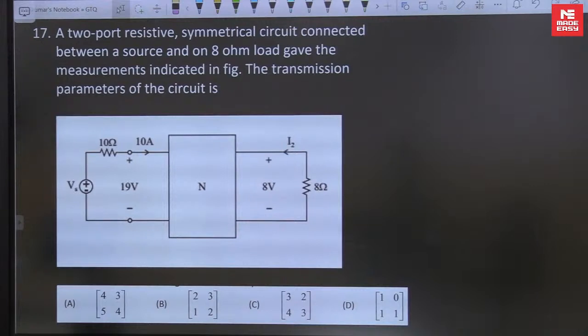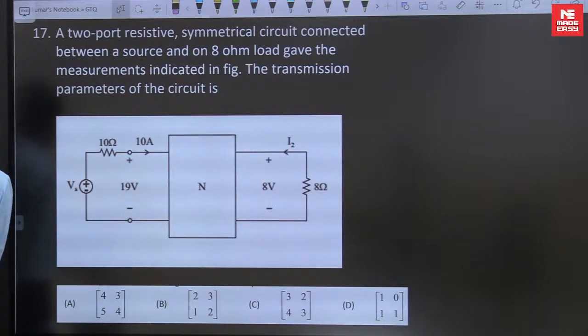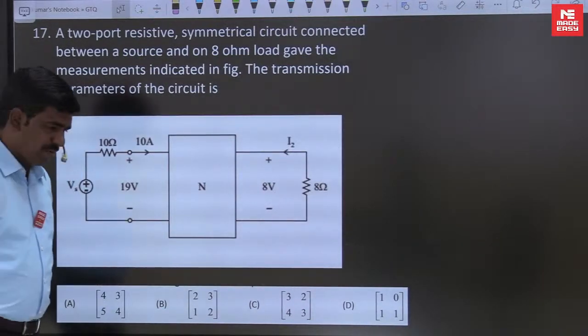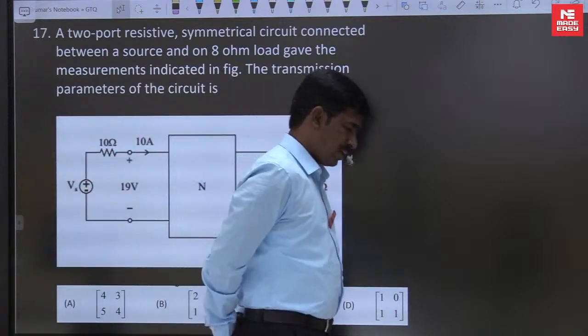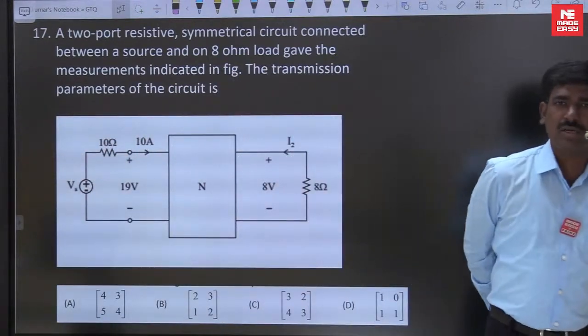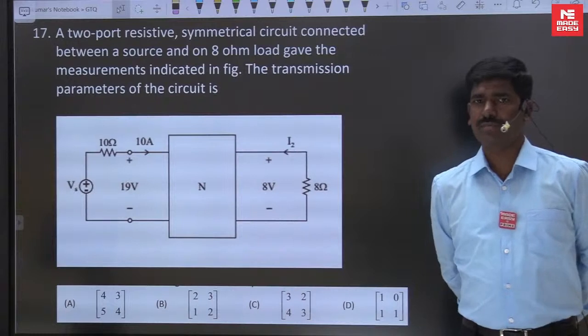B is the answer. R equal to 0 is not true in all cases. If you want maximum power, there are different conditions. R equal to 0 always is not correct.